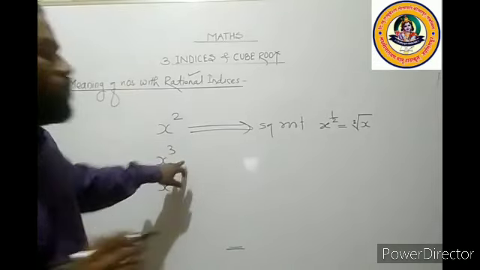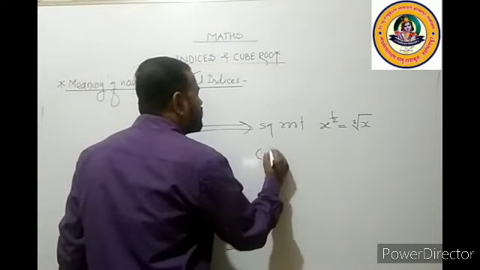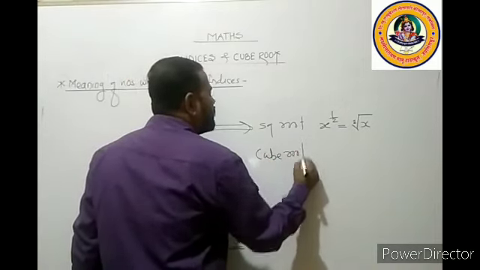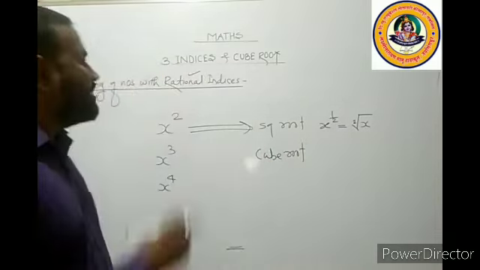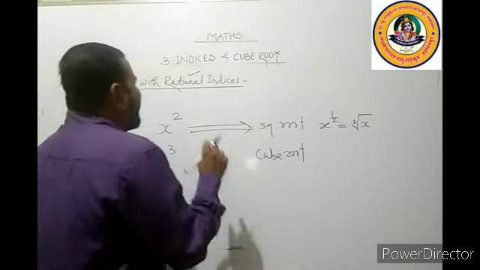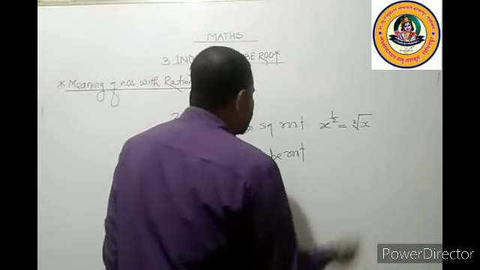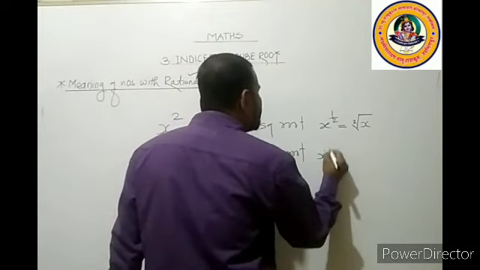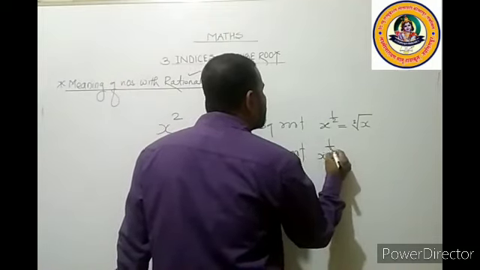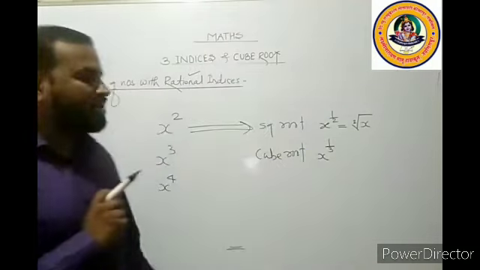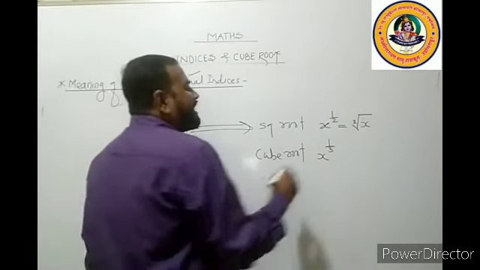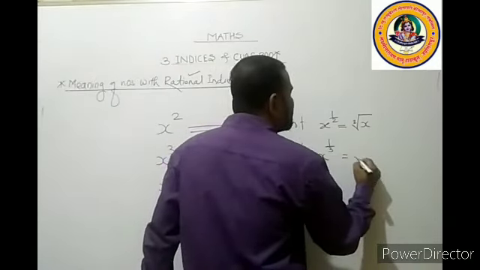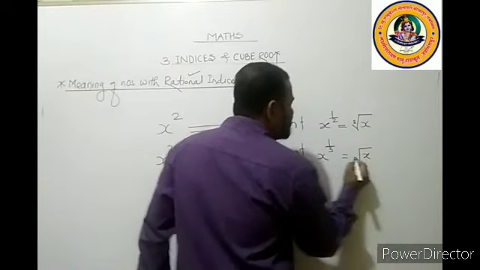When we take a cube root, we write it using rational numbers as an index. We write x raised to 1 by 3, that is 1/3, and using the radical sign we write it as the cube root of x, and here is the 3.